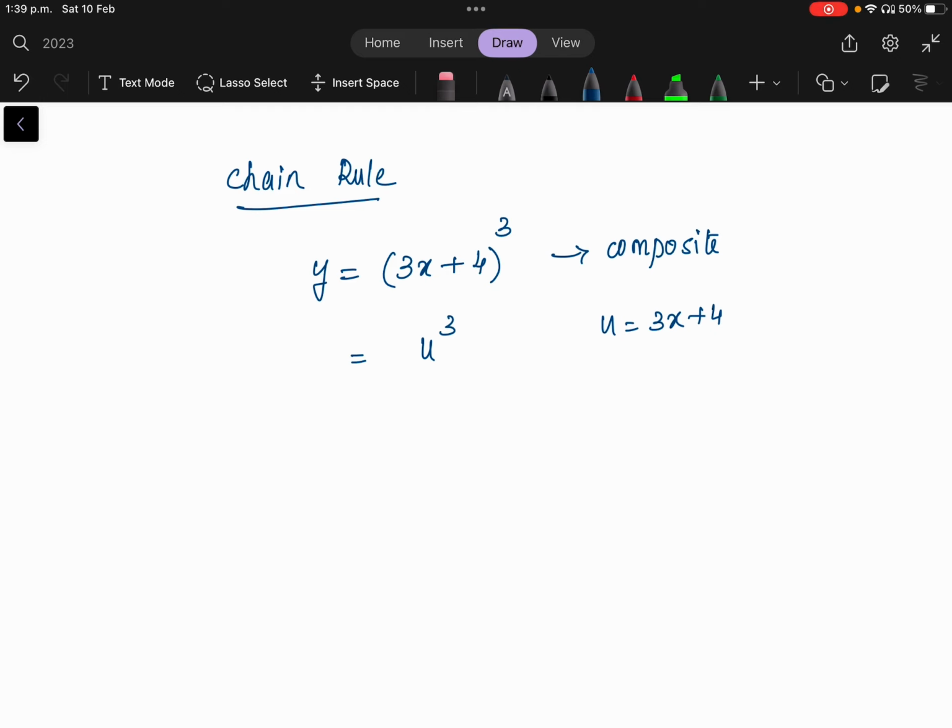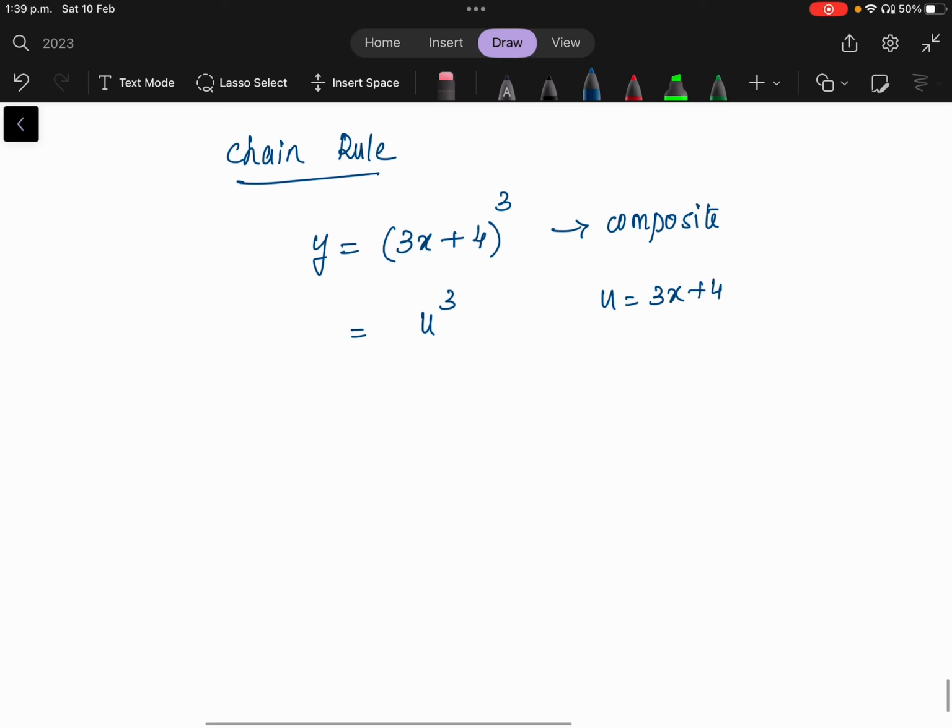When you have a composite function, you will have to apply chain rule. Let's see how you will work with the chain rule. For example, if you have a question like y is equal to 2x plus 4 to the power of 3, when you need to differentiate this one, what you should do is imagine this as a single letter, like x or maybe u.